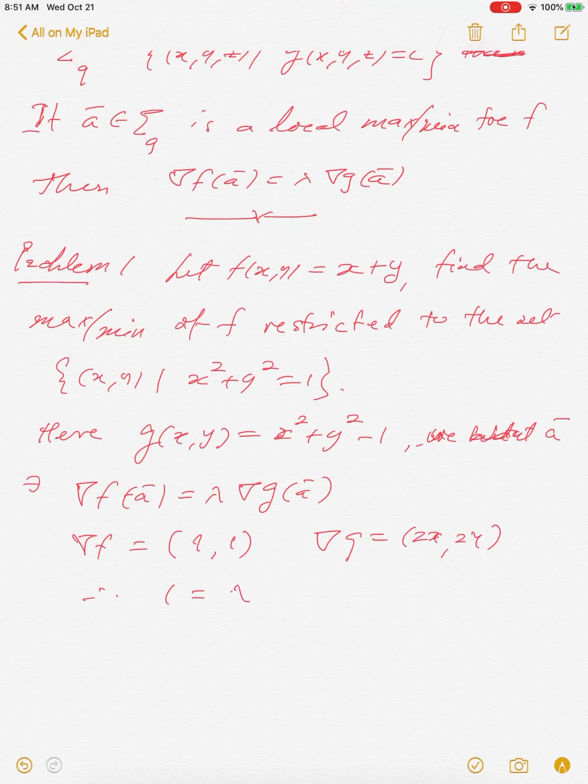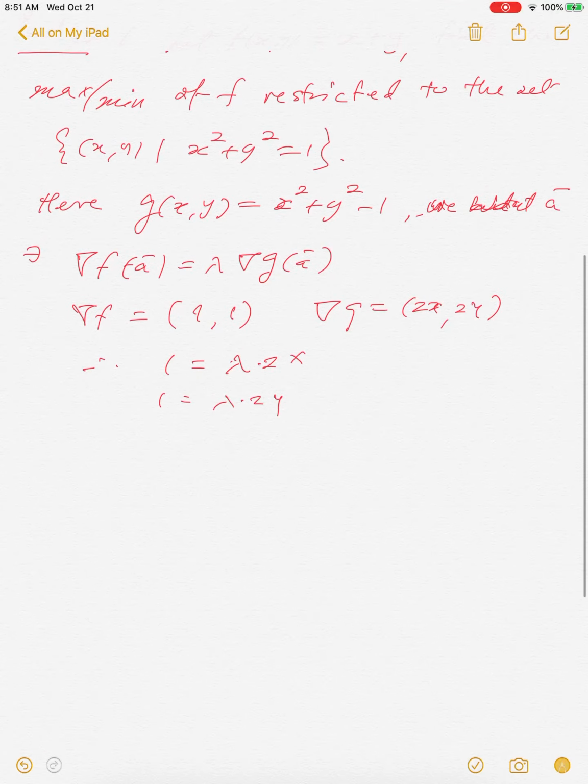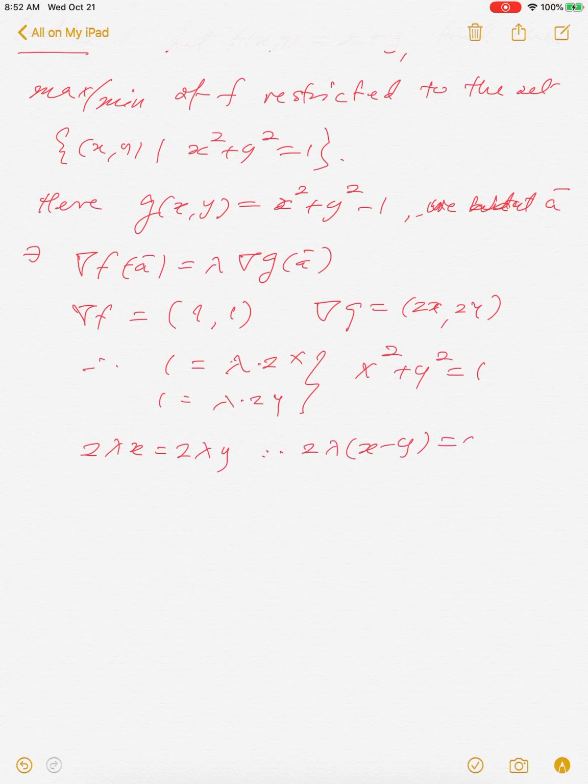So you want 1 to be lambda times 2x, 1 to be lambda times 2y, along with the constraint condition x square plus y square is 1. So these two things tell you that 2 lambda x equals 2 lambda y. So 2 times lambda into bracket x minus y is 0. Therefore, there are two possibilities, either lambda is 0 or x is y.